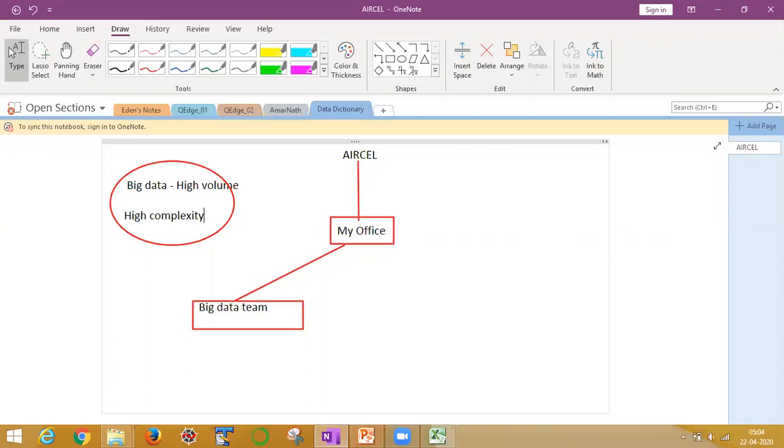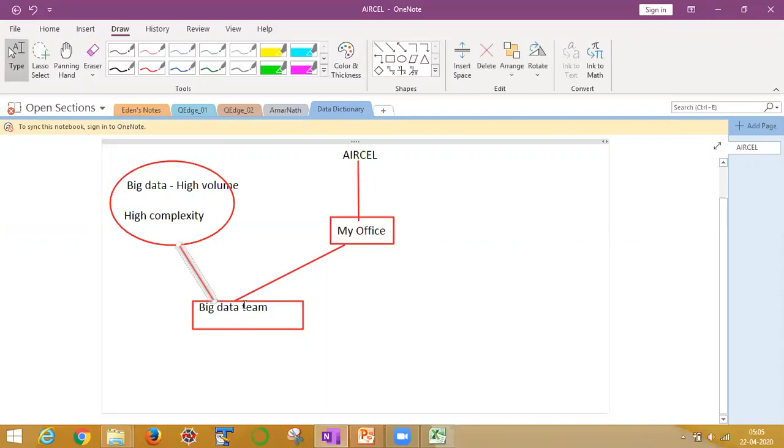High complexity means you cannot understand your data easily. You need to put in a lot of effort. It's not an easy thing that we can do on a faster basis. That kind of data is called big data. So this big data team will now collect this data from here.